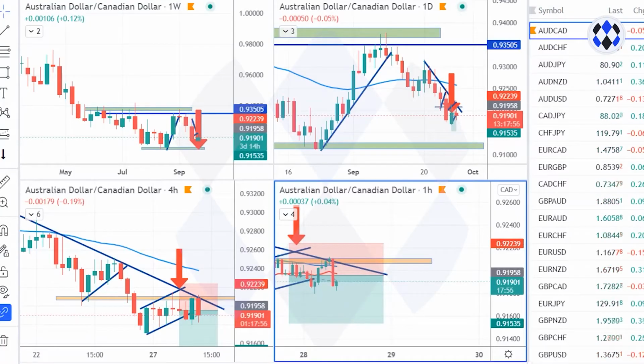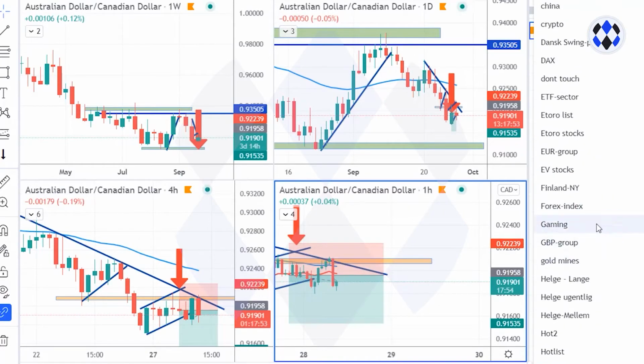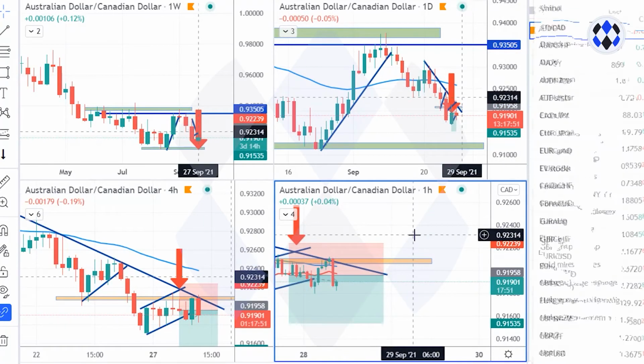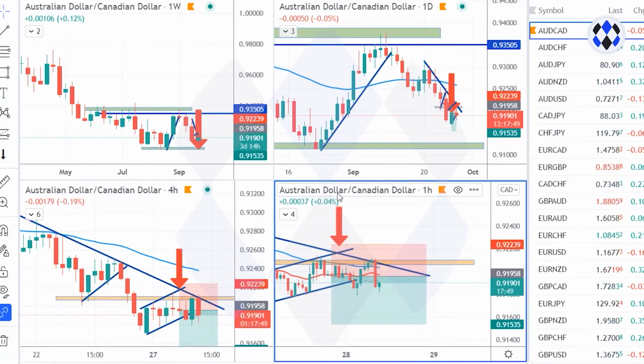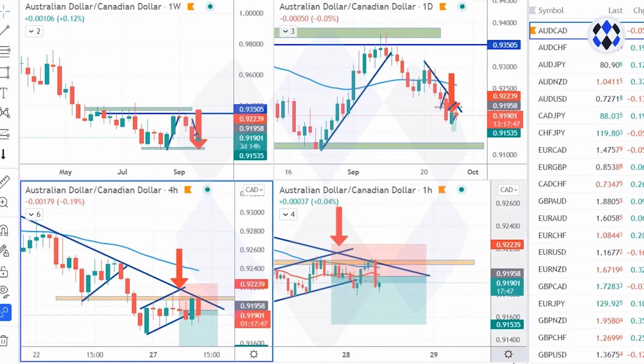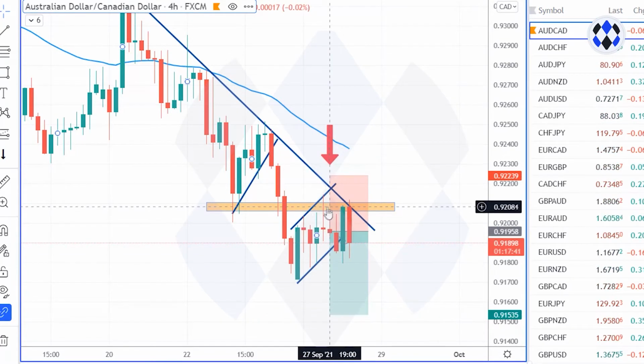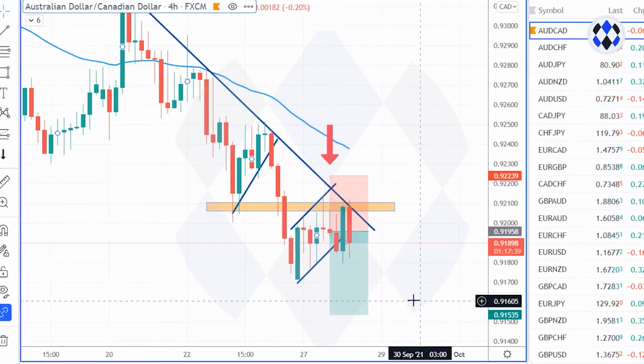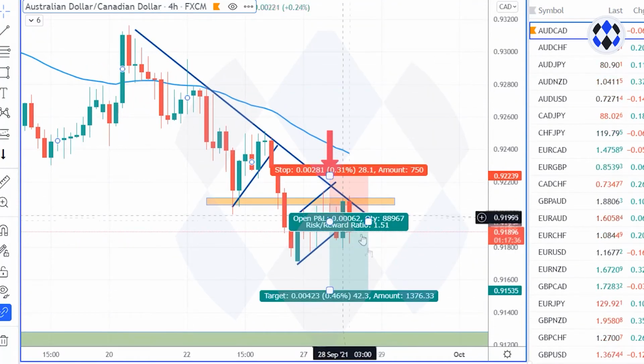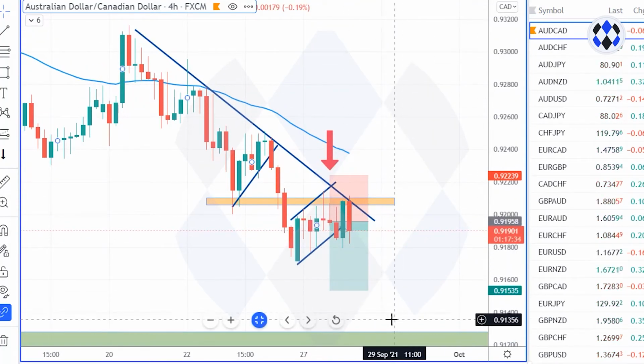When we're looking at the different Forex here, oh yes, here you can see I have one position open right now. It is a short in Australian Canadian dollar, and it is simply taken based on this clear resistance area here. I took it here yesterday. It has wobbled a bit back and forth, but let's see if we can get it really to drop down.